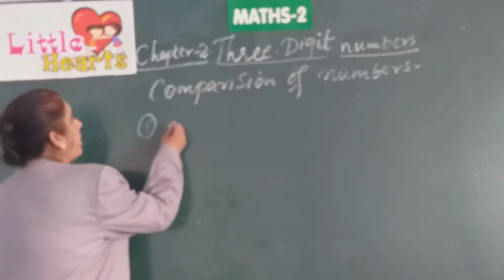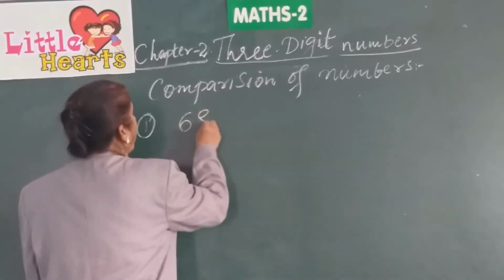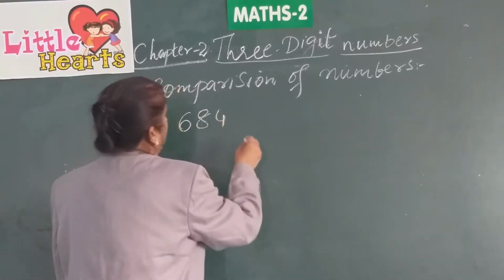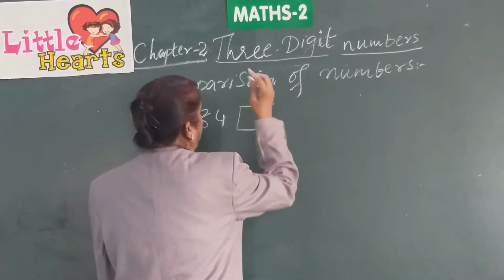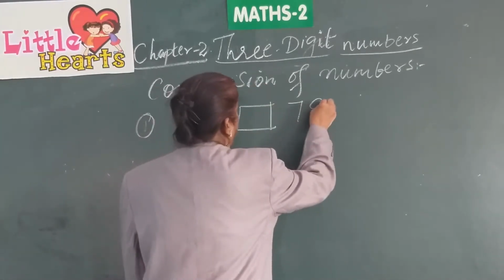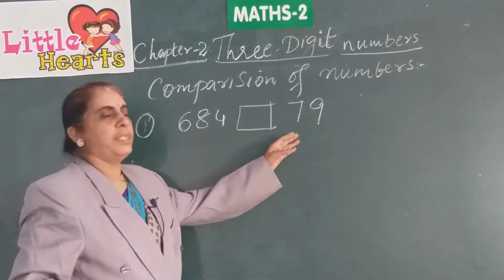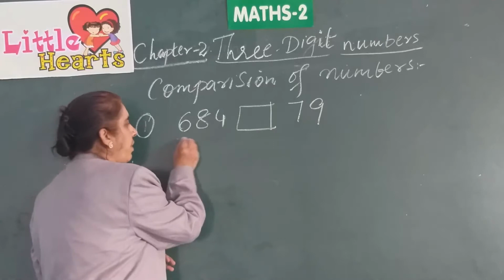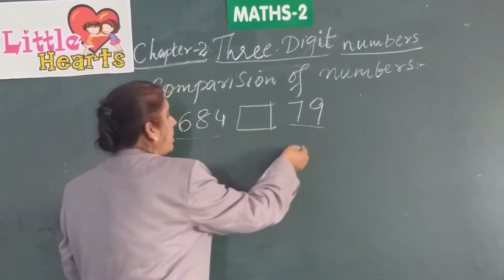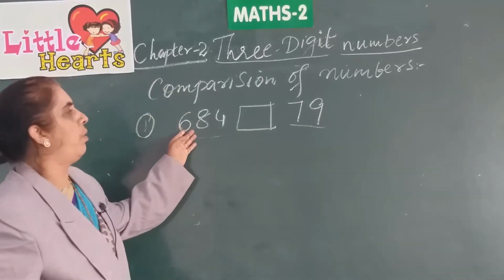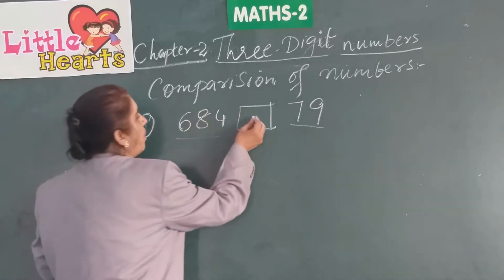Let us compare these two numbers now. 684 and 79. As one has three digits and the other has two digits, we know that a three-digit number is always bigger than a two-digit number.